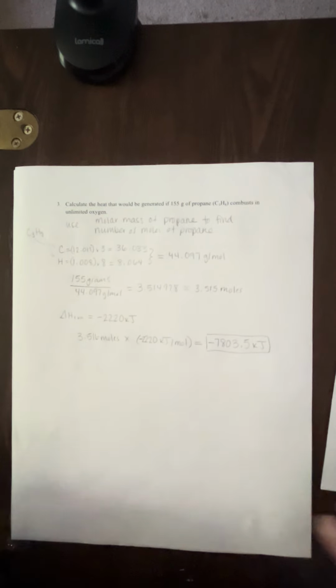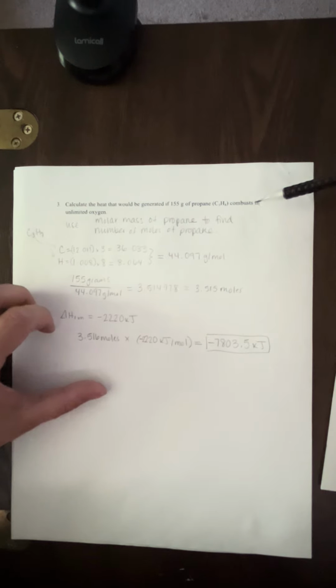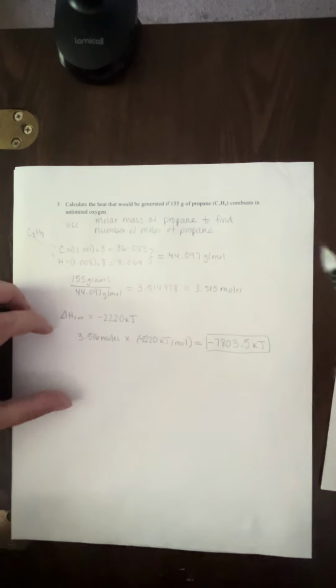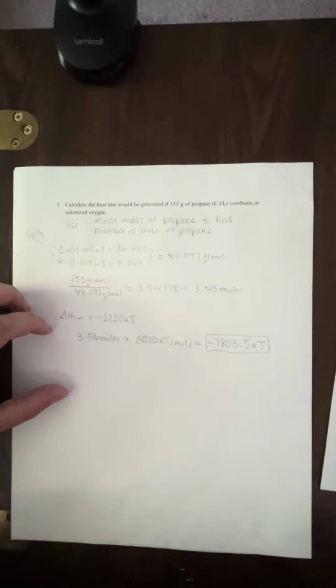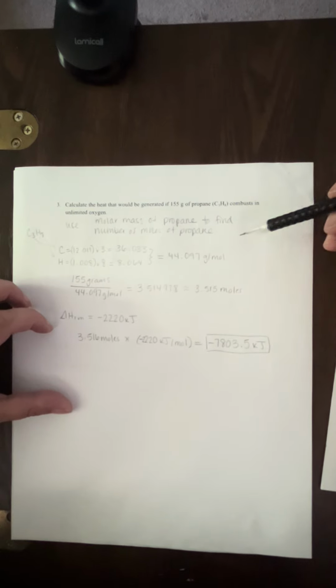Question number 3 is: calculate the heat that would be generated if 155 grams of propane combust with unlimited oxygen. To do this, we first found the molar mass of propane so that we could calculate the number of moles.